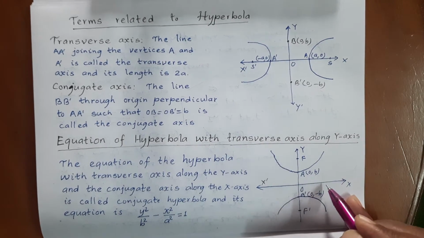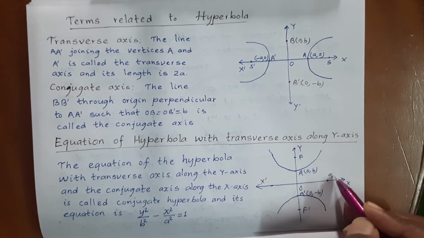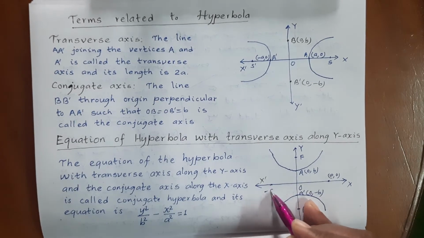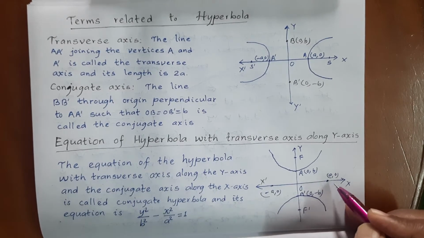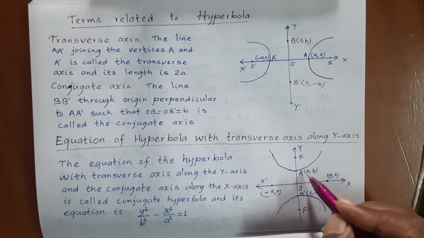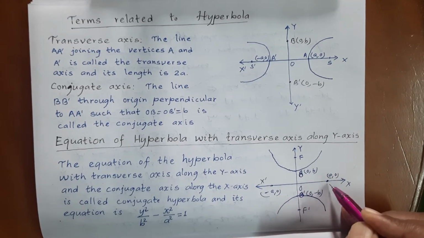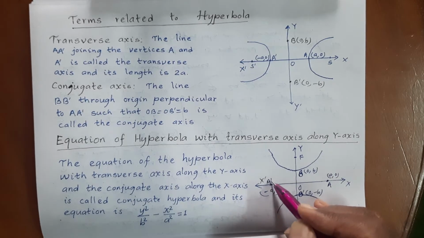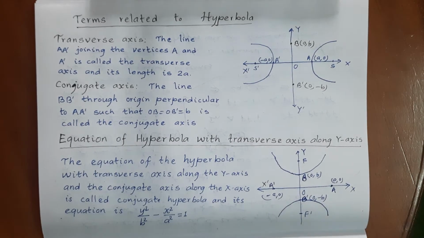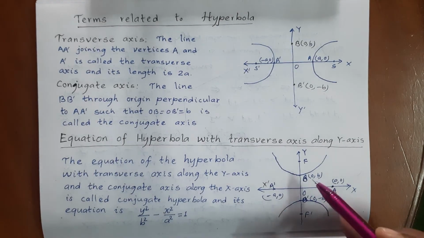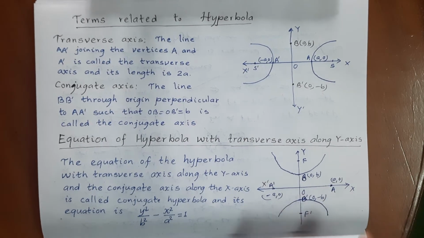Here also we can locate the points (a, 0) and (-a, 0), and if you suppose these as B and B', then you can suppose the others as A and A'. So AA', with length 2a, is the length of the conjugate axis, and BB', with length 2b, is the length of the transverse axis.